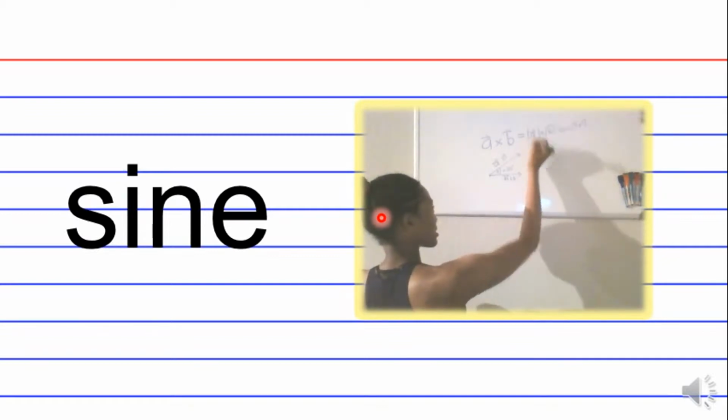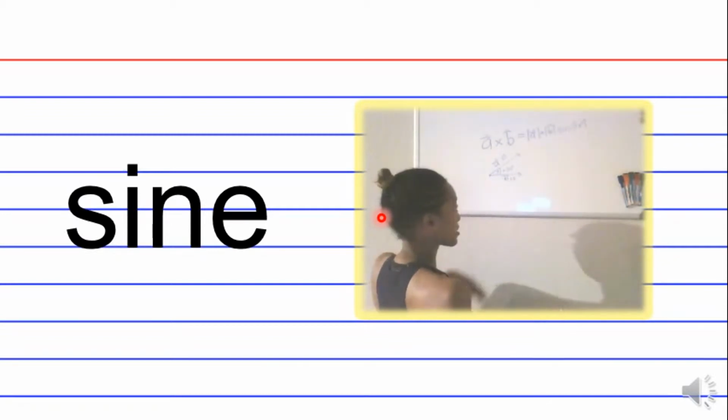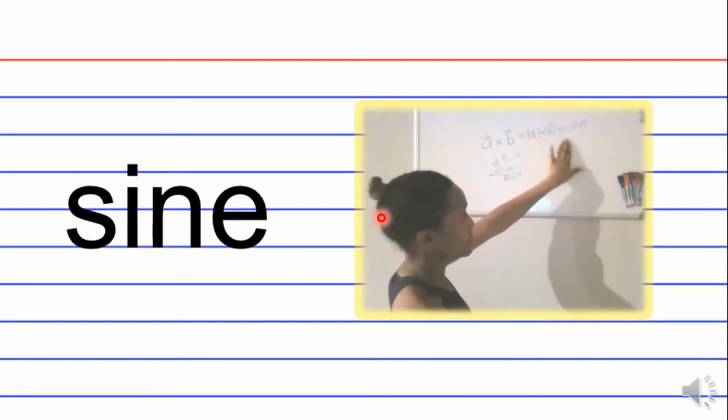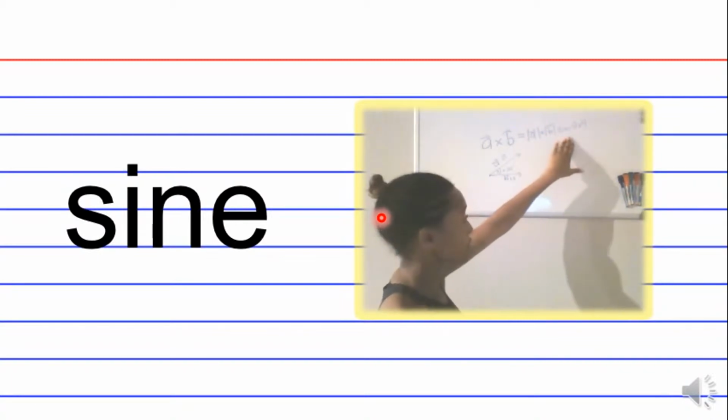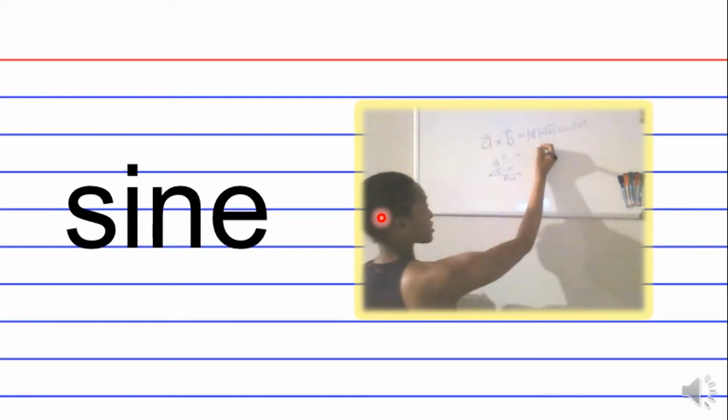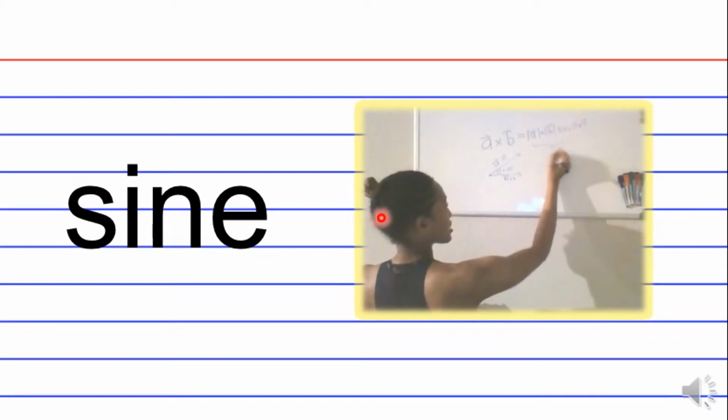So the mathematical expression for this portion would be 10 times 10 times the sine of 30 degrees, and the sine of 30 degrees is 0.5. So this portion would be 50.